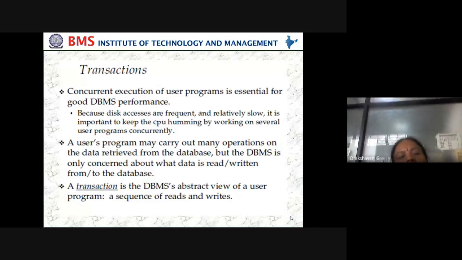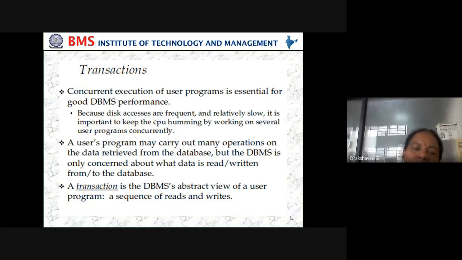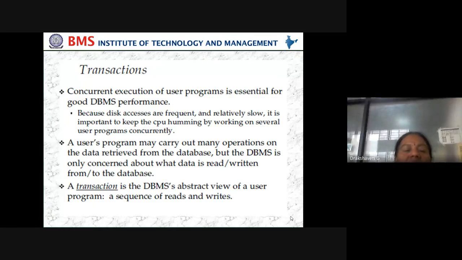Then next we move on. Concurrent execution of user programs is essential for good DBMS performance because disk accesses are frequent and relatively slow. It is important to keep the CPU humming by working on several user programs concurrently. So what we are doing concurrently is parallelly.